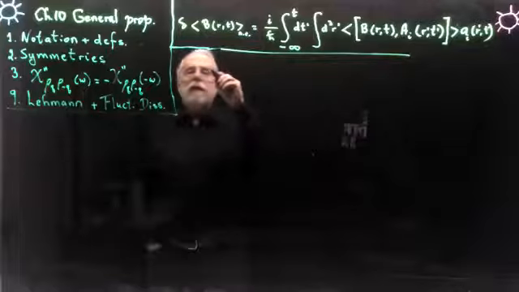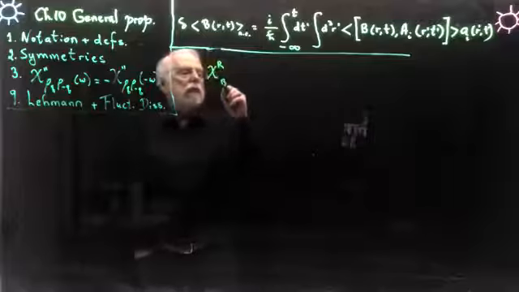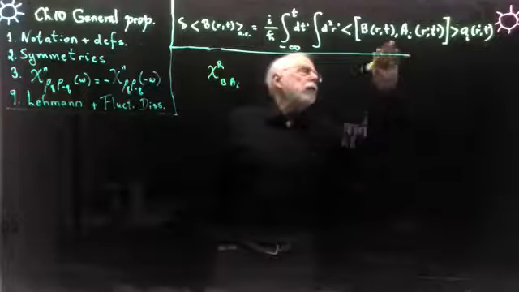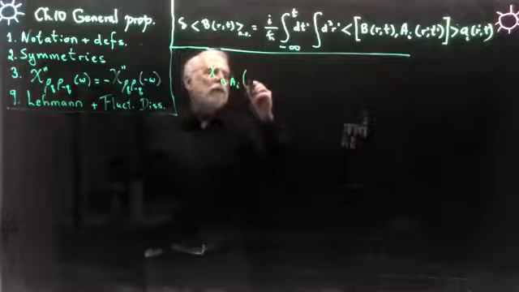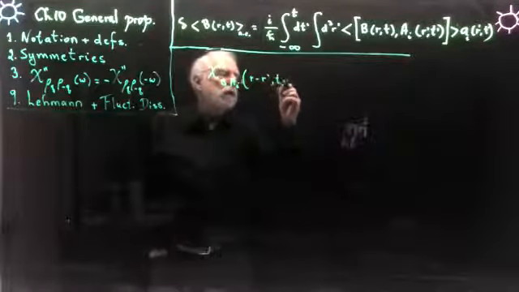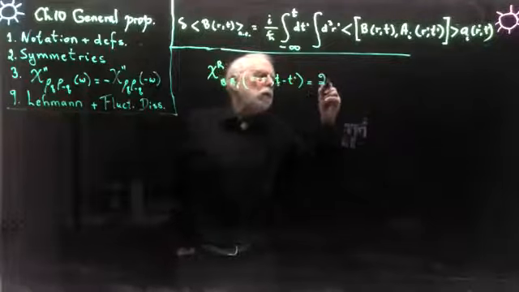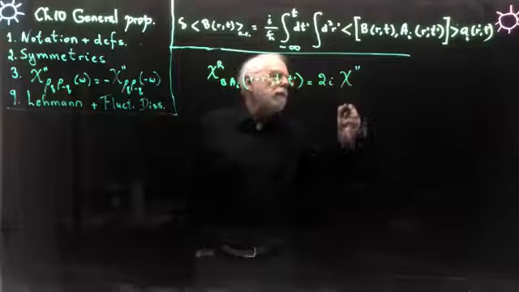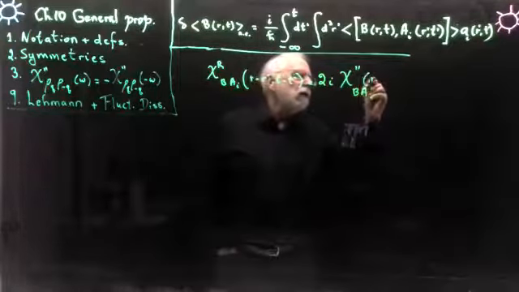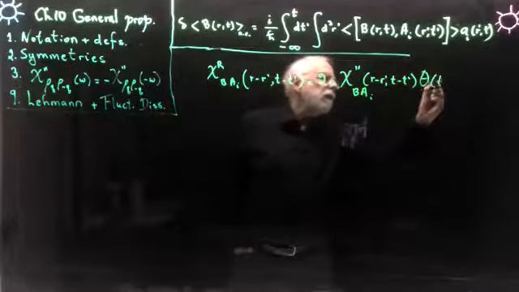So suppose I define the retarded response of B to A_i, B A_i of R minus R prime, T minus T prime. Now I will use translation invariance, but it's not necessary here. This is a more general result. I write this as 2i times chi double prime of B A_i of R minus R prime, T minus T prime, theta of T minus T prime.